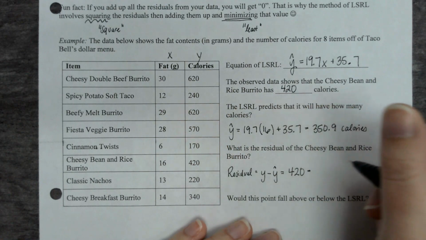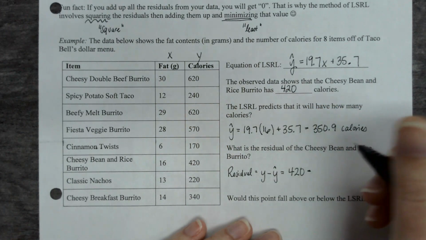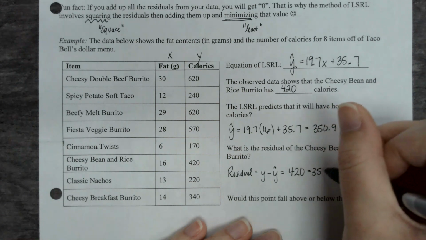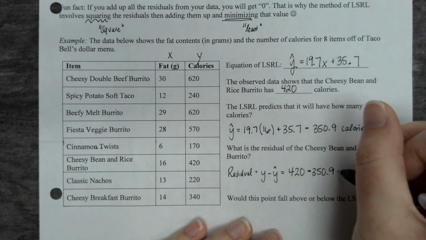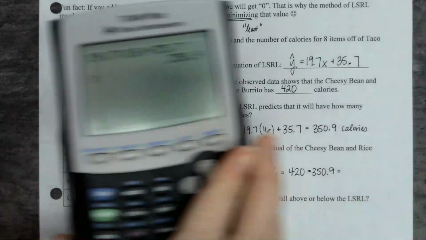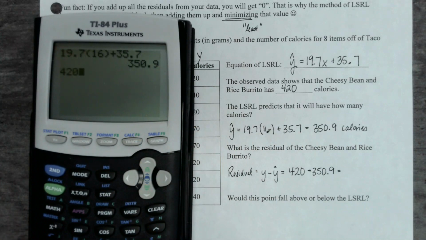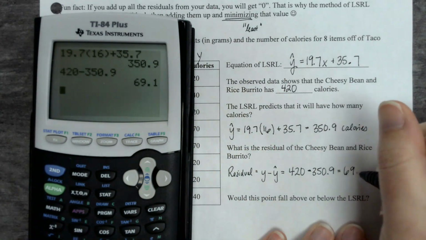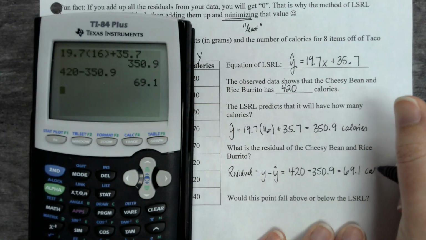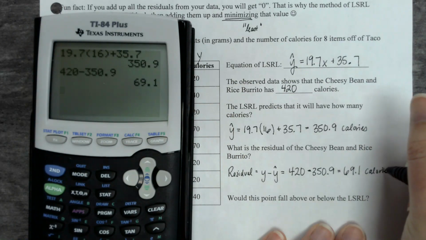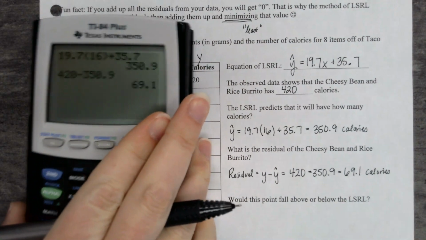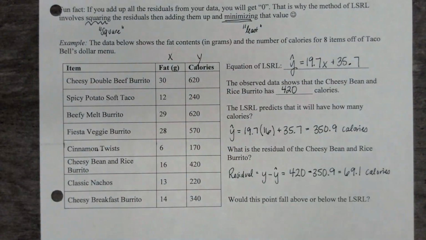So I take 420 minus 350.9 calories, and I get 69.1 calories. So we're off by 69.1 calories.